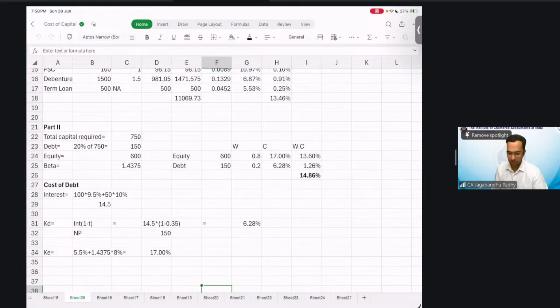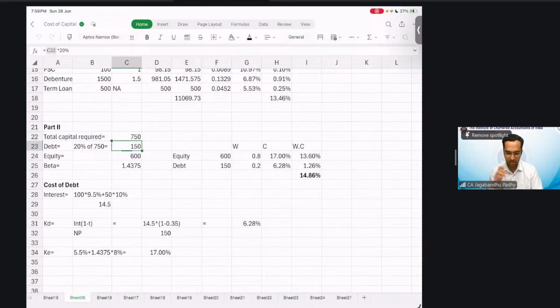Marginal cost of capital is the cost of capital for extra money that you're raising. So extra money that we are raising is 750, and they're saying that debt is going to be 20% of that.